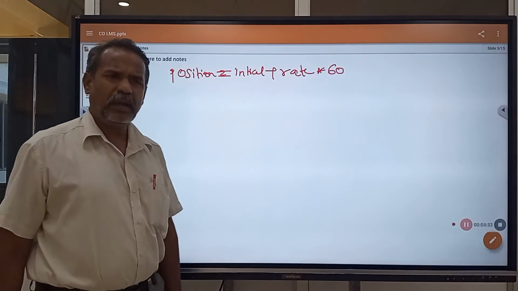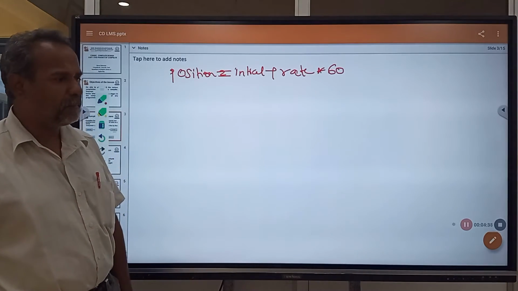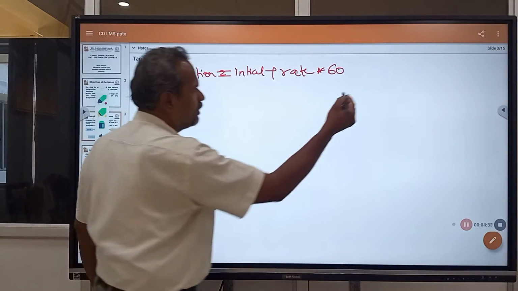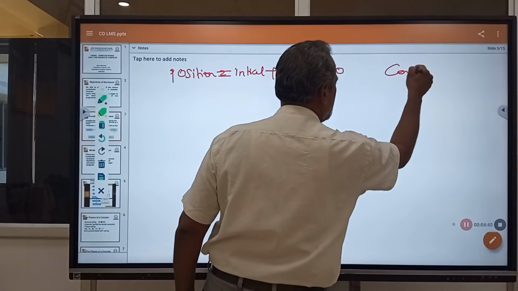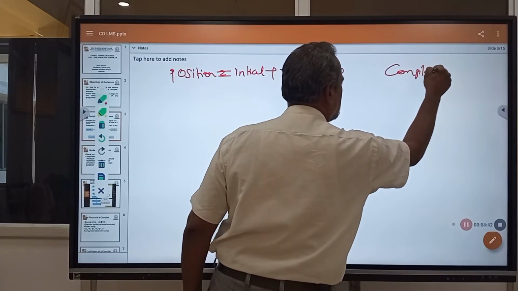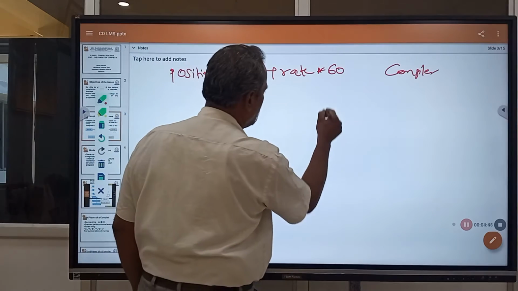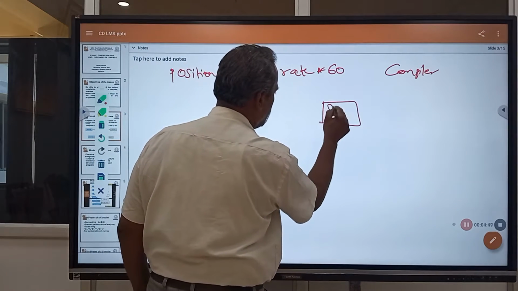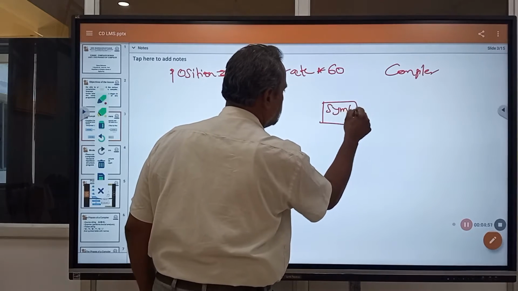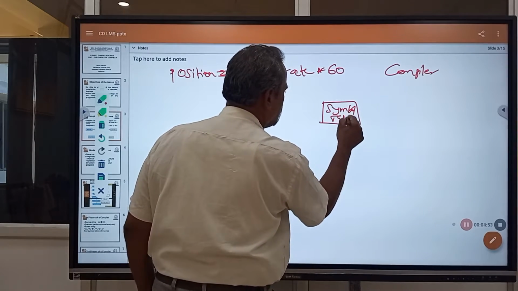So the compilation process has various phases of the compiler. The compiler is provided with a symbol table. What are the various phases?